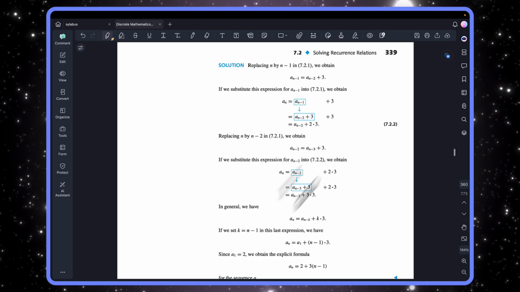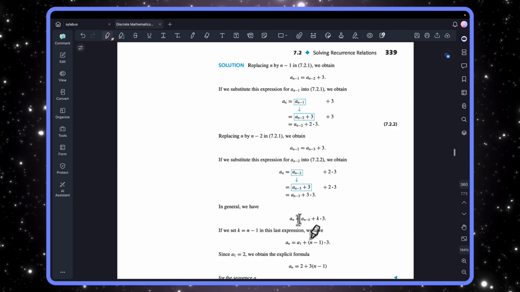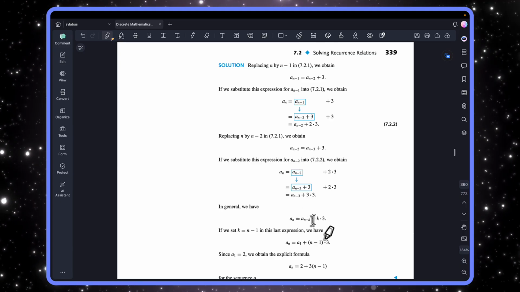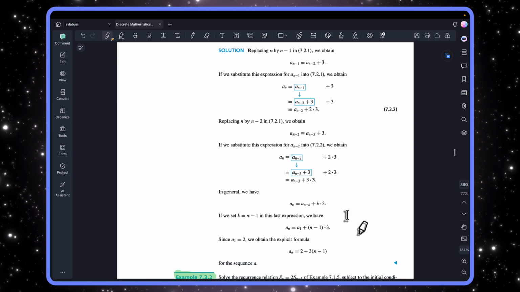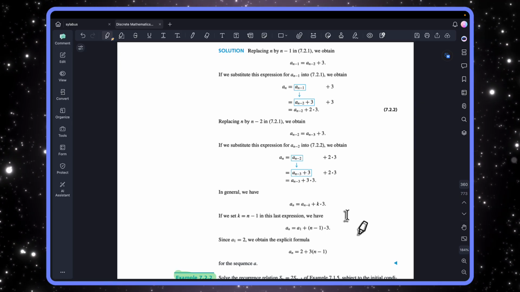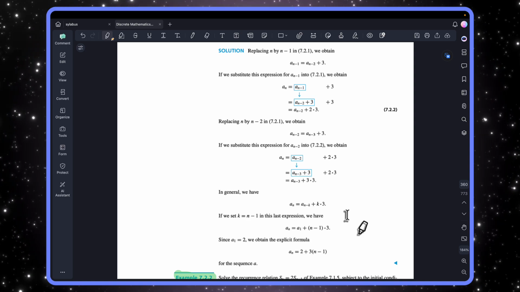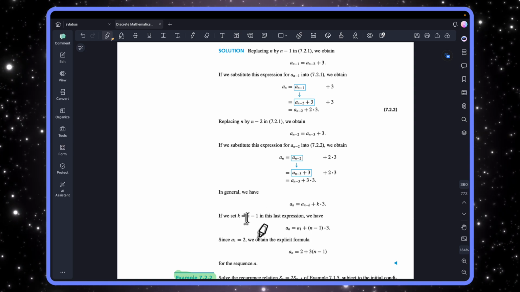Just look at this. You keep going, and you'll notice that the pattern is that a sub n is equal to a sub n minus k plus k times 3, for every k, as long as it's large enough. So here's a little trick: you set k equal to n minus 1.